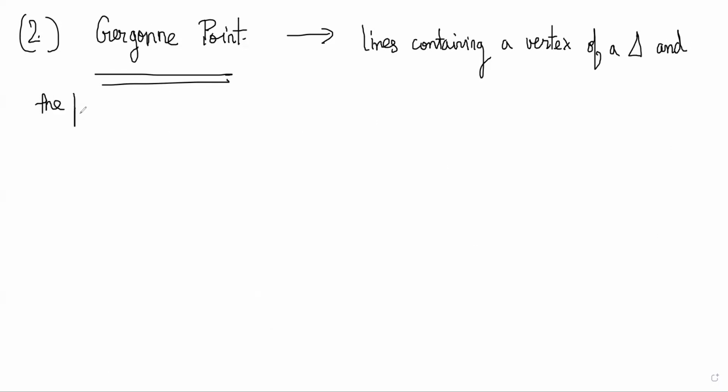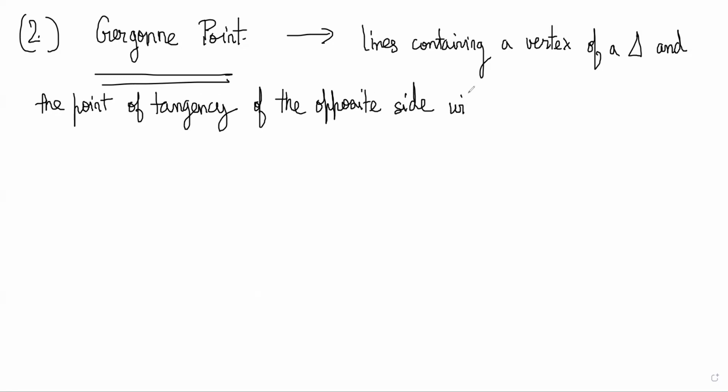This is basically saying that the lines containing a vertex of a triangle and the point of tangency of the opposite side with the inscribed circle are concurrent.